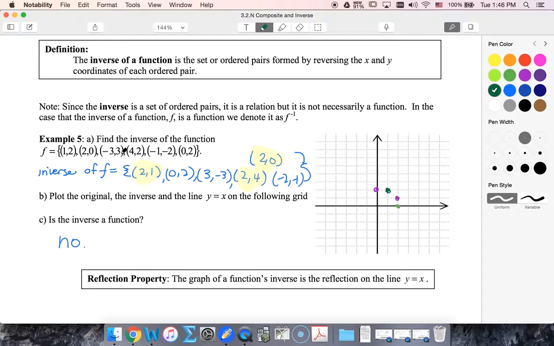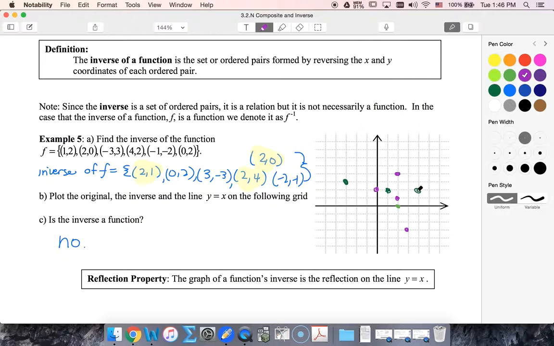And then we've got negative 3, 3. Reversing them, I'll have 3, negative 3. Again, we're across from each other. 4, 2, 3, 4, 2, and then 1, 2, 2, 3, 4.